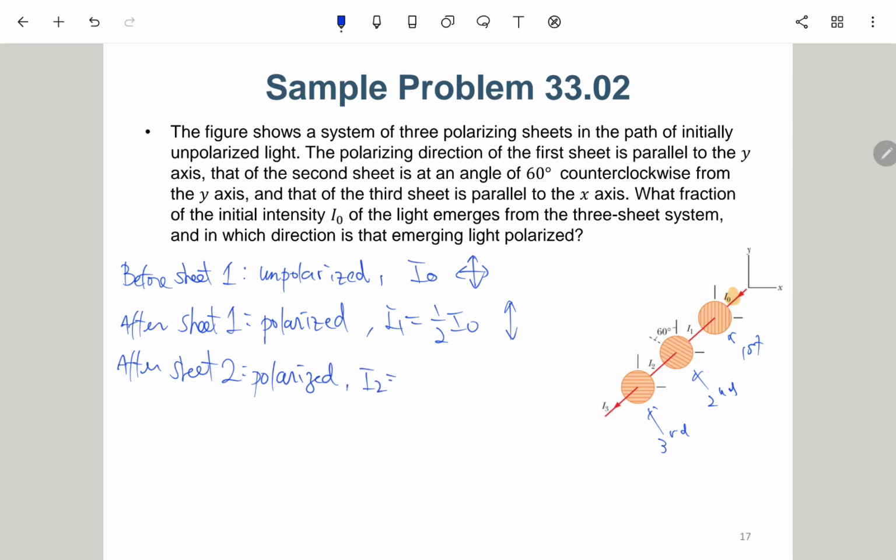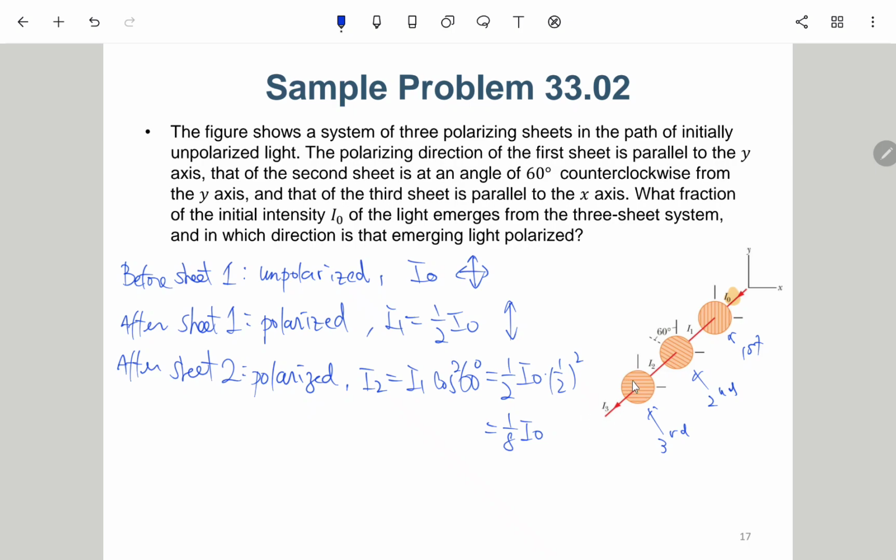I2 will be I1 times cosine squared of theta, where theta is 60 degrees. So it is 1/2 of I0 times cosine of 60 degrees, which is 1/2, so 1/2 squared. So this is 1/8 I0 for I2.